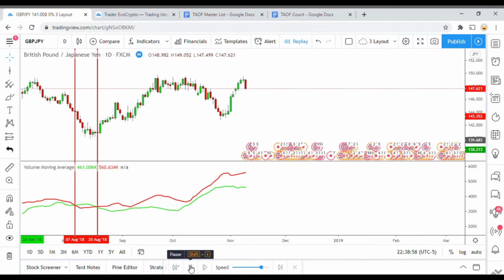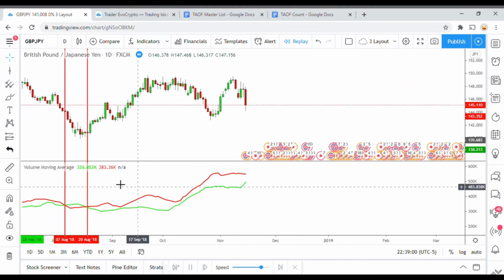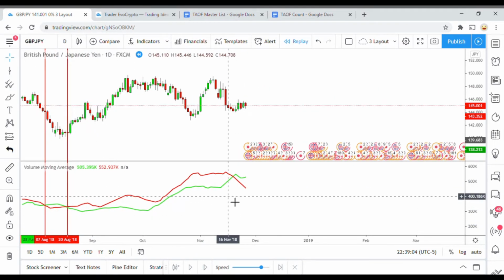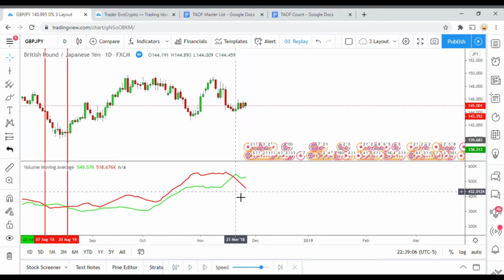Getting pretty close to the end of the year. Goes through these really long spells with little to no interaction whatsoever.